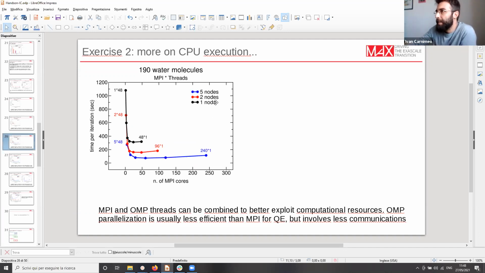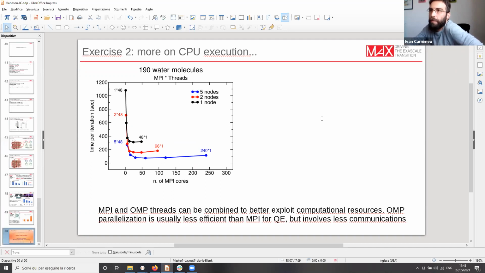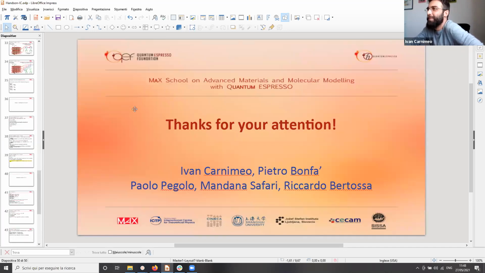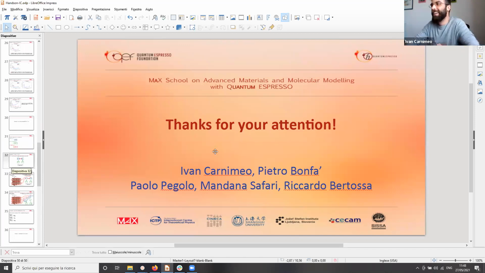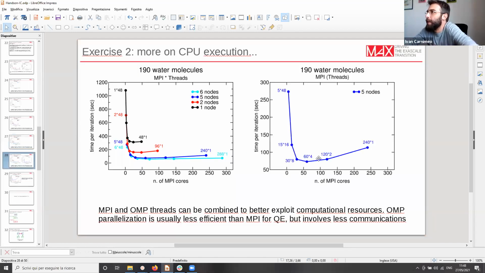If I run with 5 nodes, so increasing the total number of cores that I'm using, I see the curve changes. And here I have 6 nodes. If we focus on the 5 nodes curve, you see that there is a minimum here.